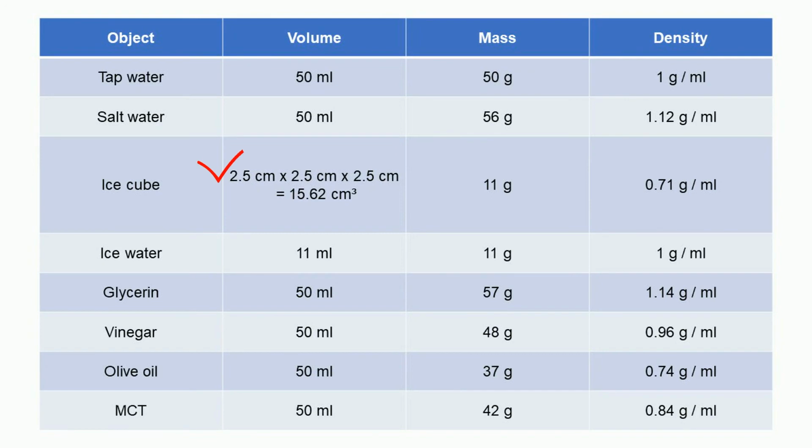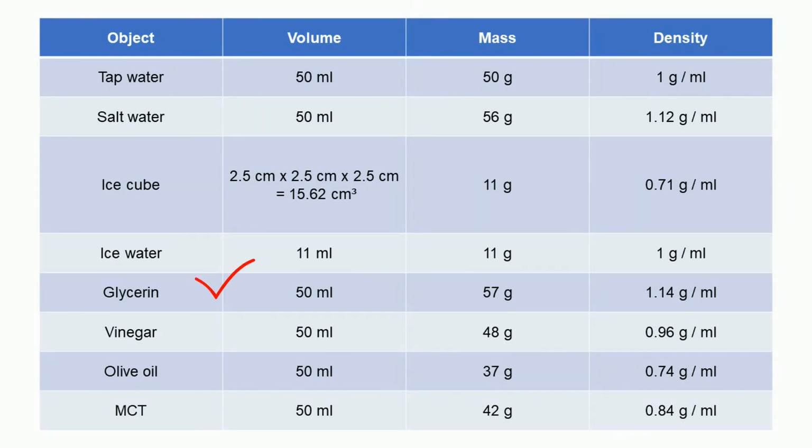The ice cube, the volume was 15.62 cubic centimeters, the mass 11 grams. So the density of the ice cube was 0.71 grams per milliliter. The ice water was 11 milliliters for the volume. The mass was 11 grams, so 1 gram per milliliter.